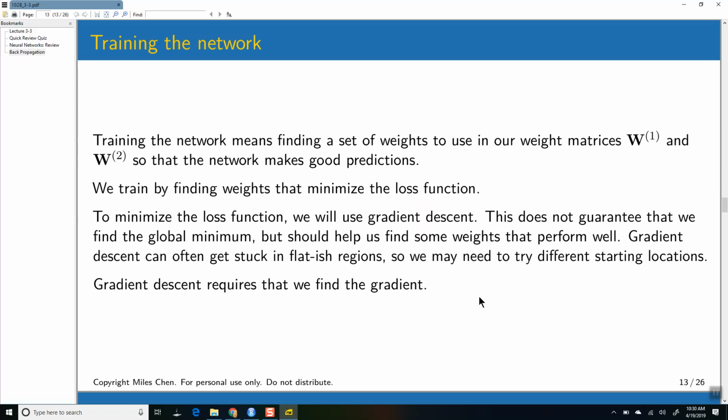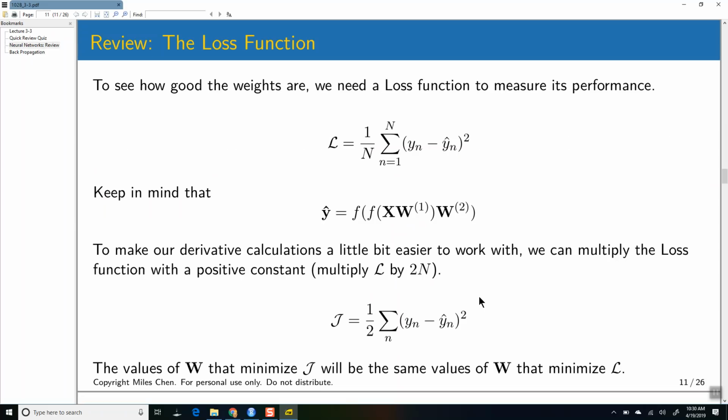and to minimize the loss function, we're going to use gradient descent, okay? Because finding the gradient of this is one thing, but then solving for where the gradient is equal to 0 is not really feasible, okay?